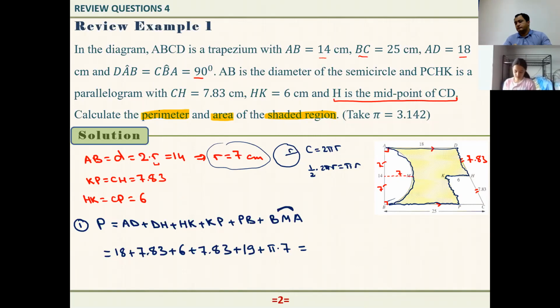Let's see. Plus 7.83 plus 6 plus 7.83 plus 19 plus 3.142.